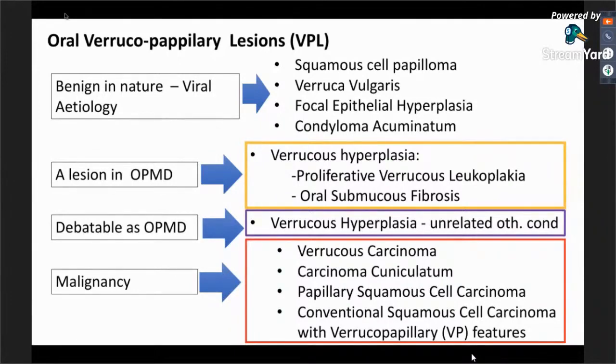This time around, I'm putting it as one of the types, and I'm going to show a little study which shows the differences between the conventional squamous cell carcinoma verrucopapillary and the conventional with no verrucopapillary lesions.